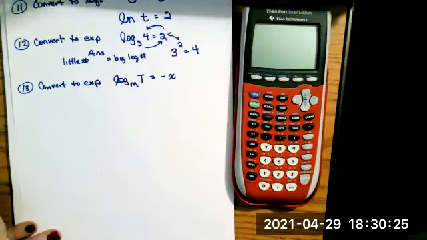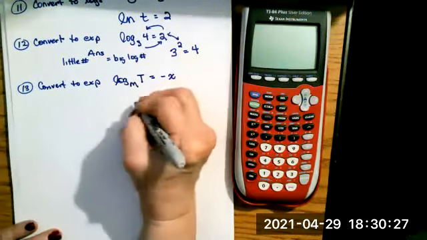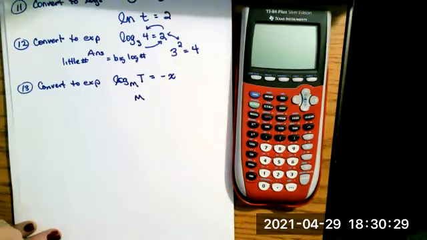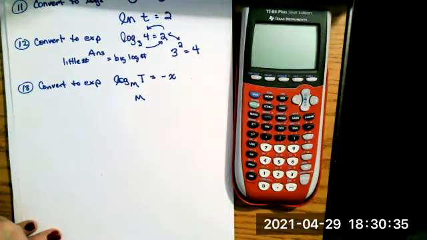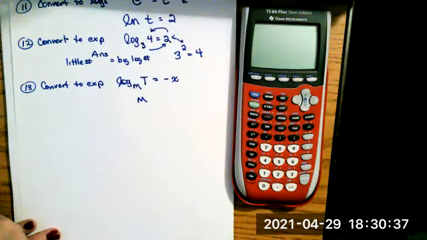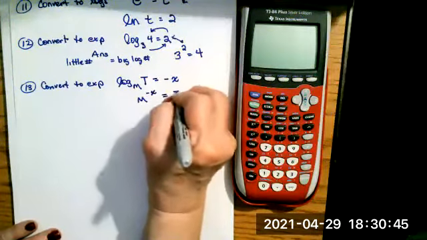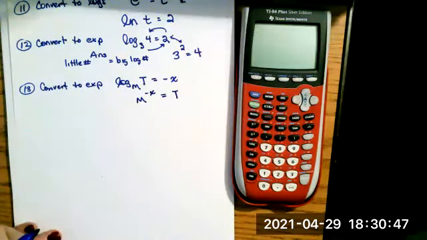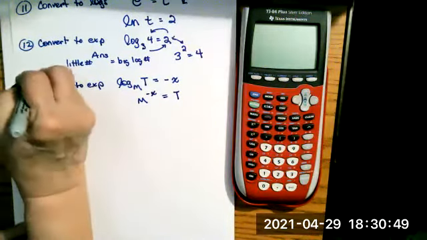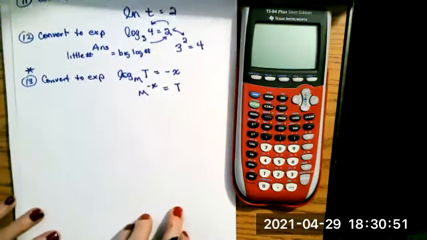What's the base? m. m to the what? Looks like m to the negative x equals t. You might want to practice that one.